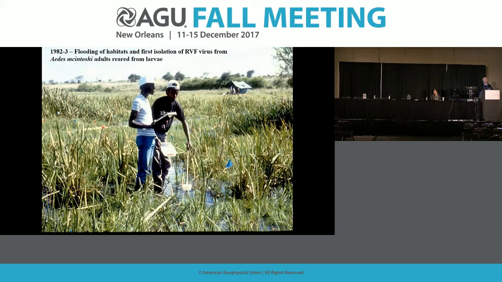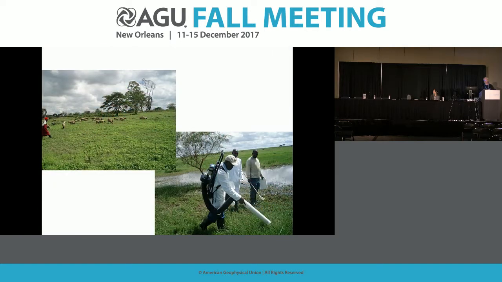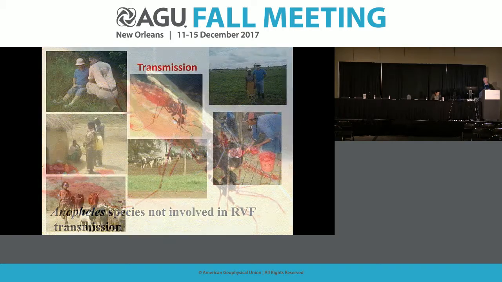Now, if areas remain flooded long enough, we can sample and we can find the larvae, and these Culex mosquitoes start developing, and they provide excellent secondary vectors. We can also sample for adult mosquitoes, and we find other ones there like Anopheles mosquitoes, mosquitoes that transmit malaria, but they don't transmit Rift Valley fever.